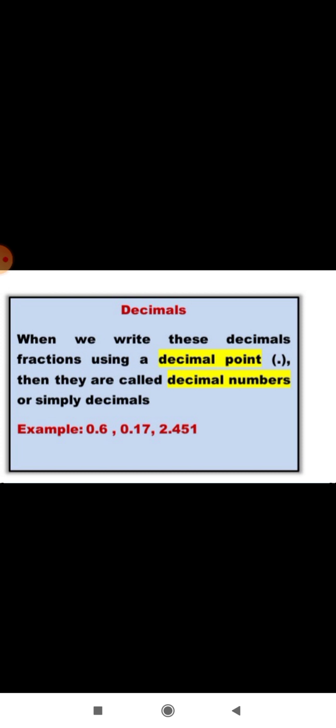Now students, when we write these decimal fractions using a decimal point, then they are called decimal numbers or simply decimals.